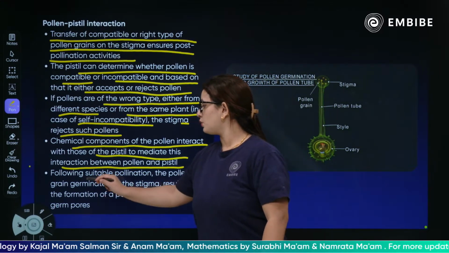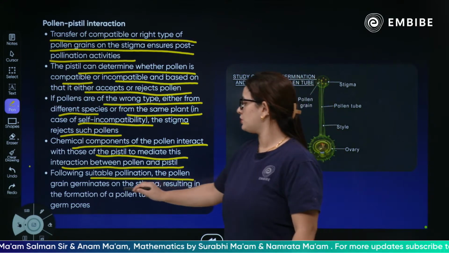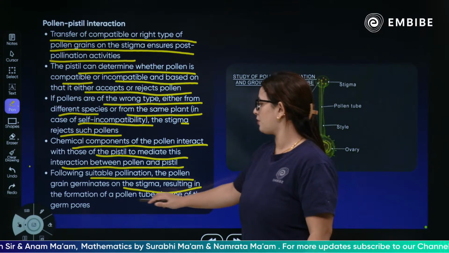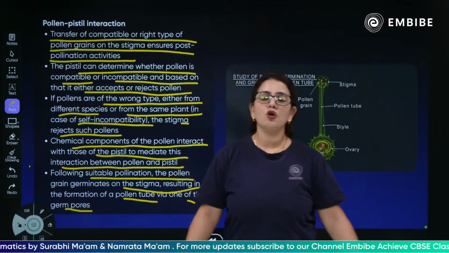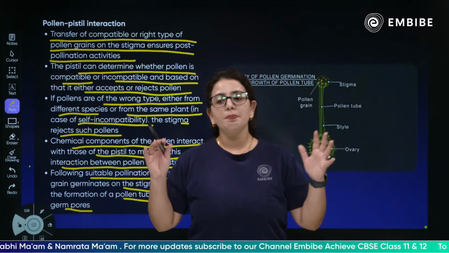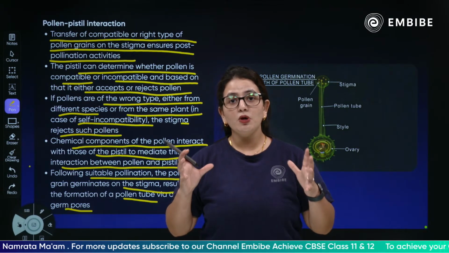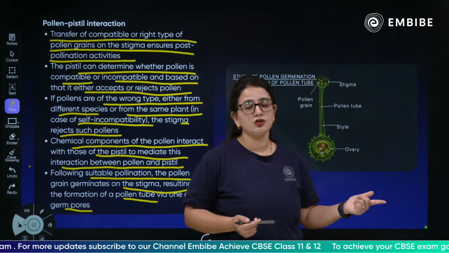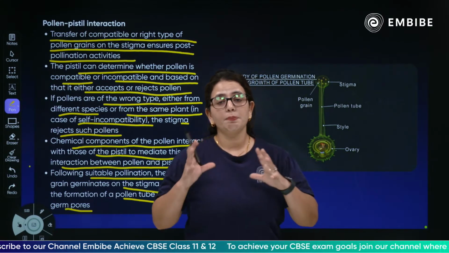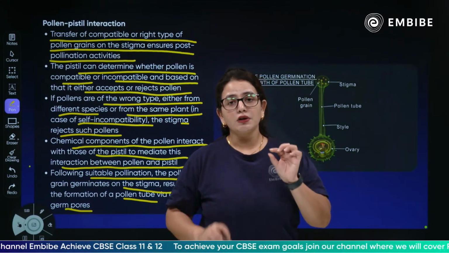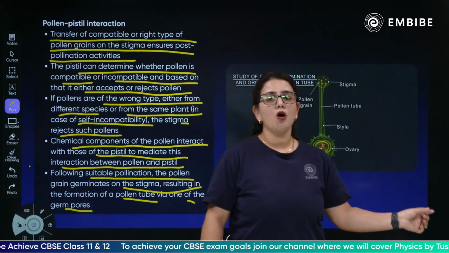Next, for suitable pollination, the pollen grain germinates on the stigma, resulting in the formation of a pollen tube through one of the germ pores. Do you know what germ pores are? Yes, they are pores present on the pollen grains. When we discussed the structure of the pollen grain, I explained germination. The pollen has pores, and out of these pores the pollen tube will form.